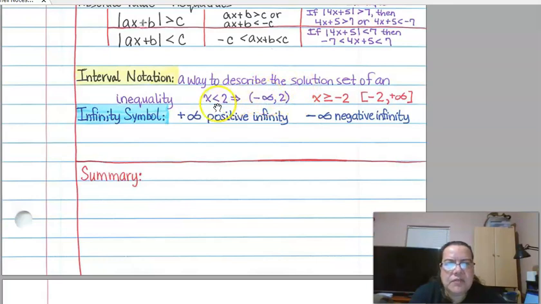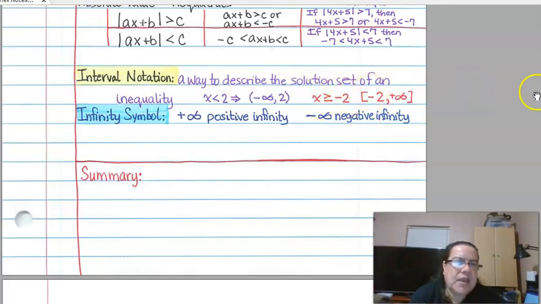Now, if you notice the difference, this didn't have a little bar, so no equal, so I put parentheses. This has an equal, so this is why you put brackets, because it means that it can equal those, because it is a greater than or equal to symbol. So greater than, where are numbers greater than -2?